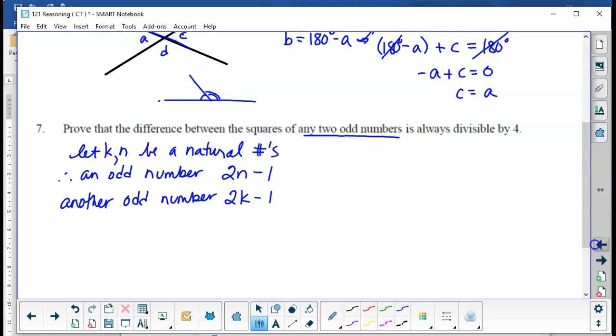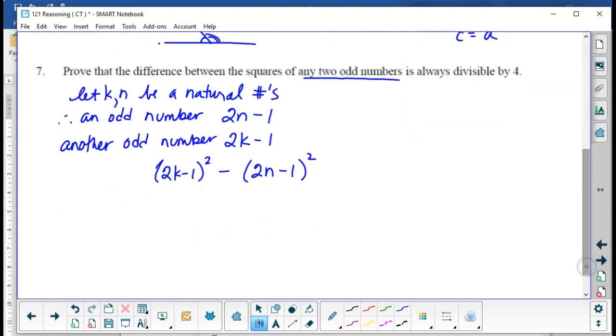I need to do it twice. And then it says the difference between the squares, and we don't know which is which, so I'm just going to write out the squares' difference. It doesn't matter which you put first. I'm not going to say it's equal to something with 4 in it; I want to see what happens.